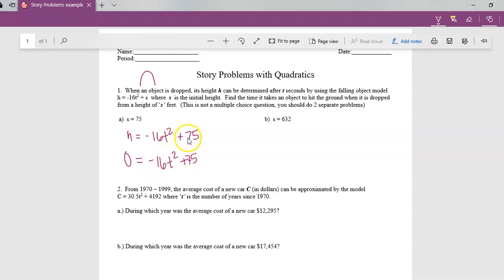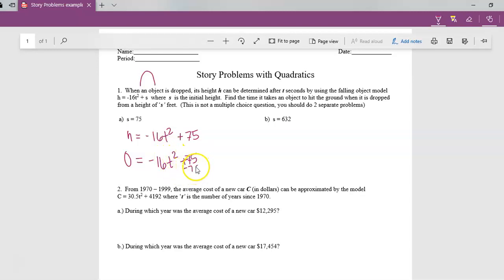Now, like I said, you can use the quadratic formula to solve any quadratic, so on every one of these problems you could use it. I don't always think it's the easiest way to solve, though. On this one, because we only have t squared and no t term anywhere, we can just solve using the square root method. First we solve for t squared.